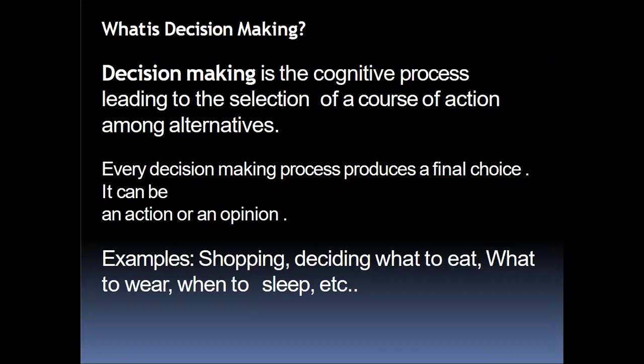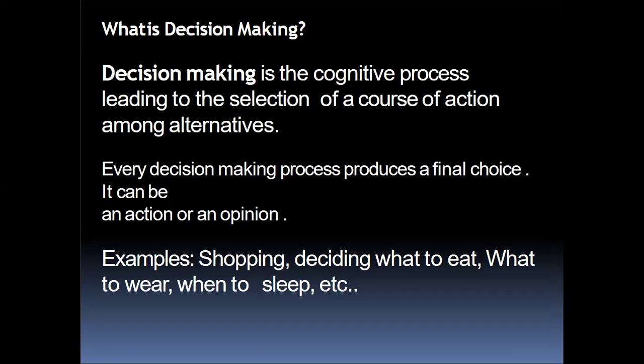Now with these few examples, we will conclude the problem meaning or statement. Decision making is nothing but a human cognitive process that leads to the selection of a particular course of action based on the several available alternatives. Every decision making process will have a final choice that can be either an action or an opinion.